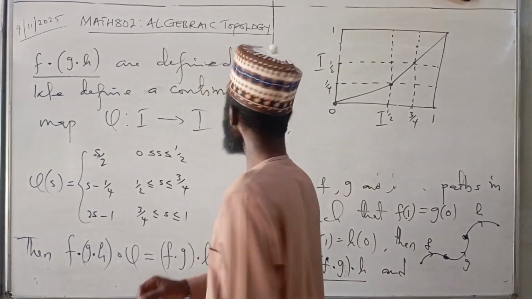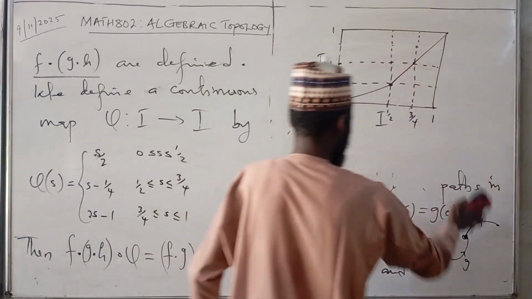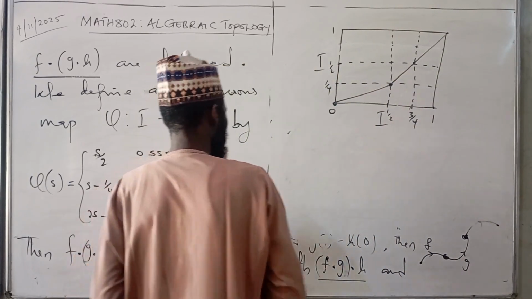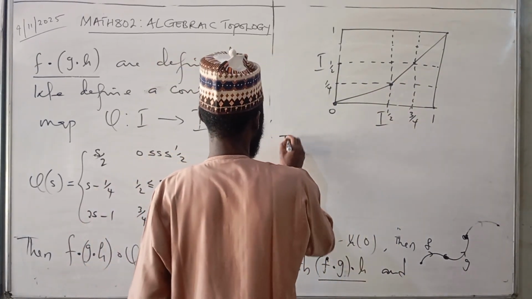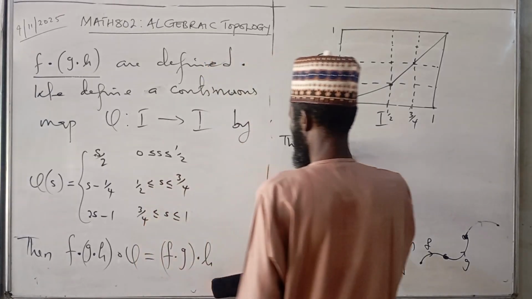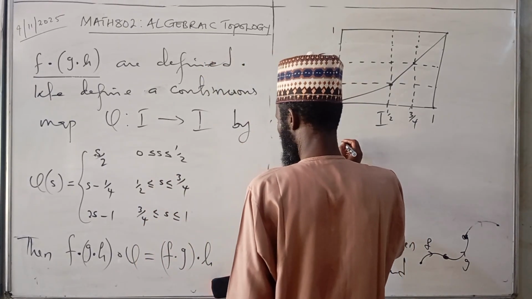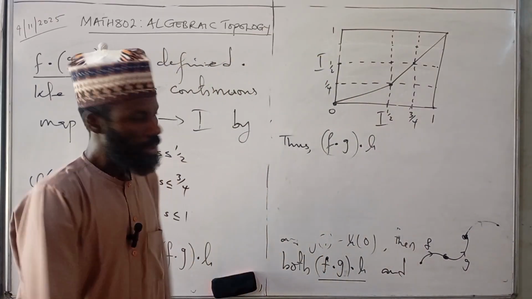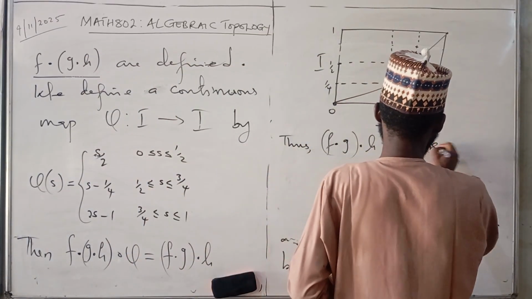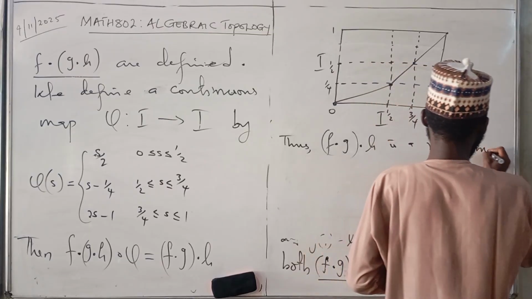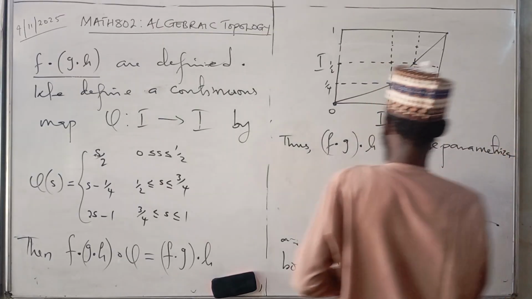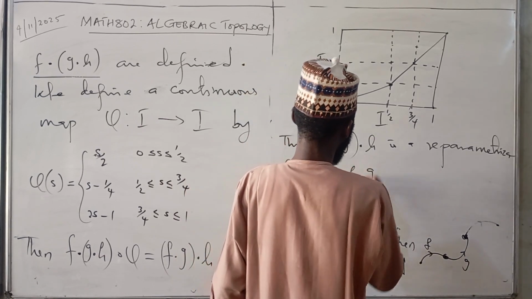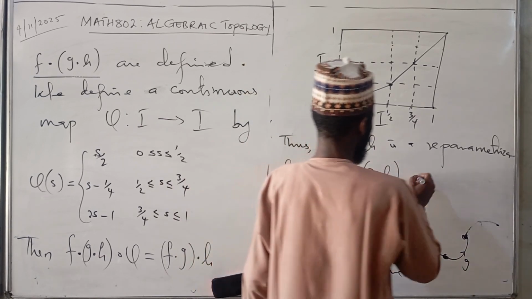So thus, (F·G)·H is a reparameterization of F·(G·H).